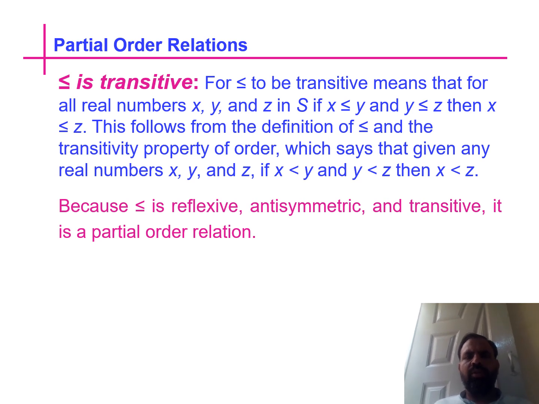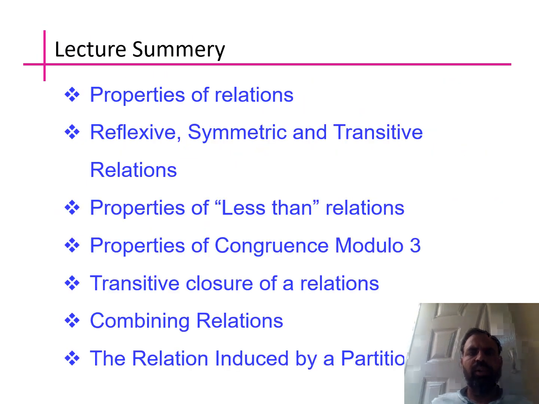For less than or equal to to be transitive means that for all real numbers x, y and z in S, if x is less than or equal to y and y is less than or equal to z, then x is less than or equal to z. This follows from the transitive property of order, which says that given any real numbers x, y and z, if x is less than y and y is less than z, then x is less than z. Because it is reflexive, antisymmetric and transitive, it is a partial order relation.